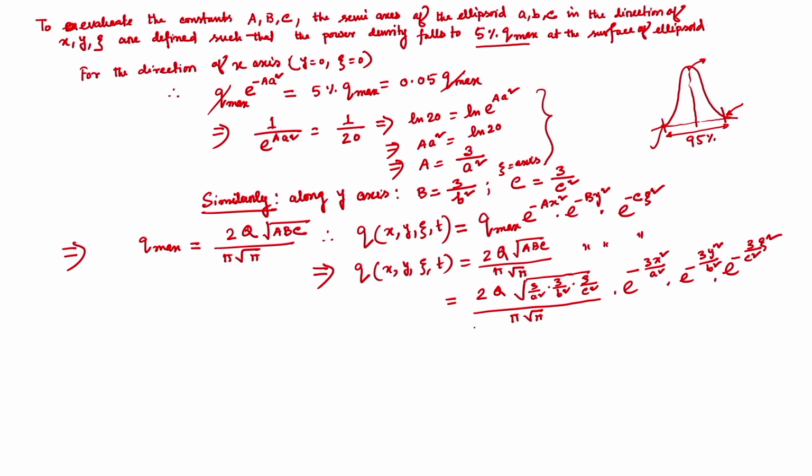Okay. So, from this what are the things you are getting? You can say 6 root 3 Q divided by pi root pi A B C, okay, into this. So, this is the overall equation of this double ellipsoid.